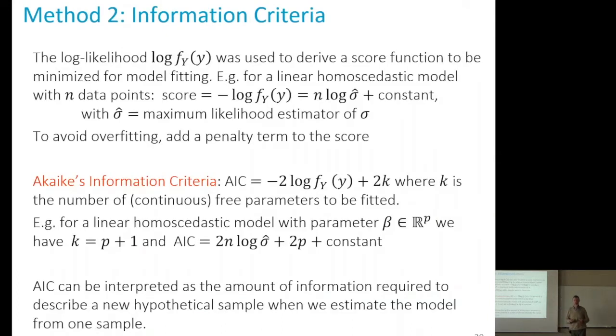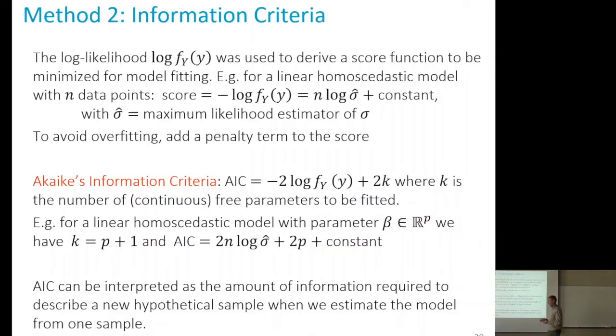This method has the drawback that it requires you to burn some of your training data, so you perhaps don't want to do it. In the context of time series forecasting, there is a more established method, which is called an information criterion, which in machine learning we could call a regularization term.